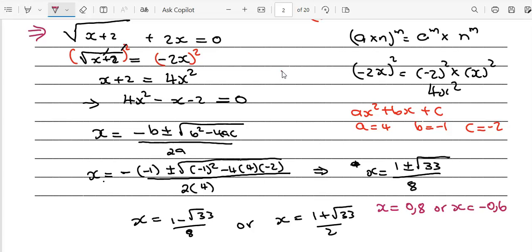I've already checked this on my side. I know that x must not be equal to 0.8, and x must be equal to negative 0.6. This one is correct. So always make sure that you check your answer.